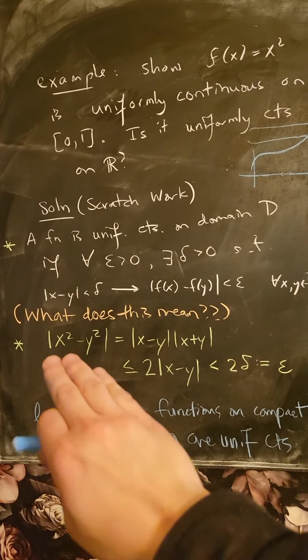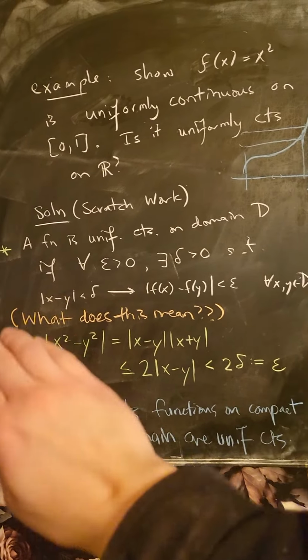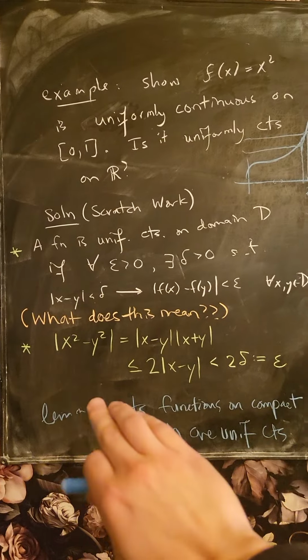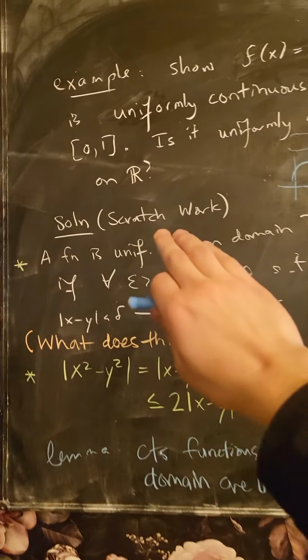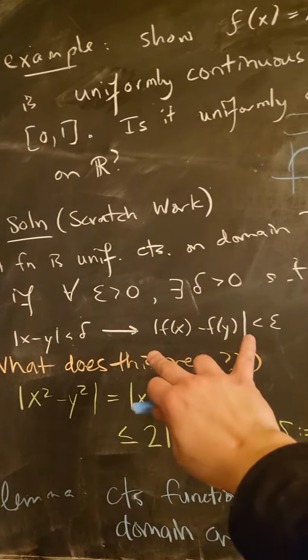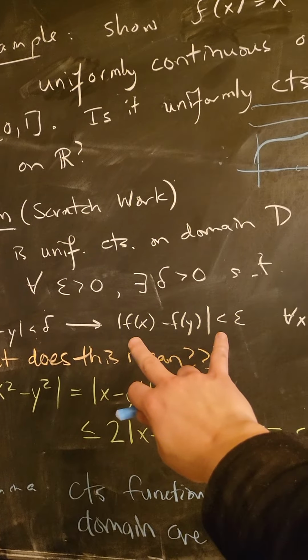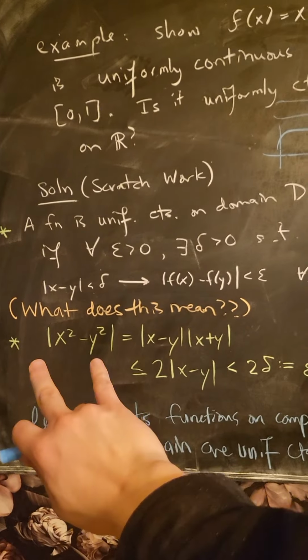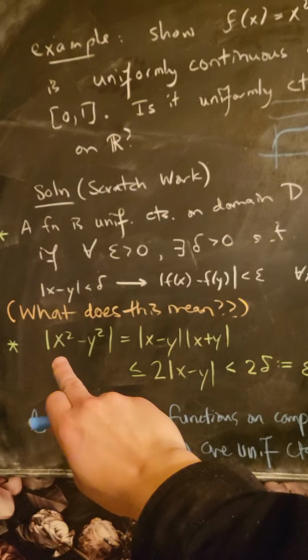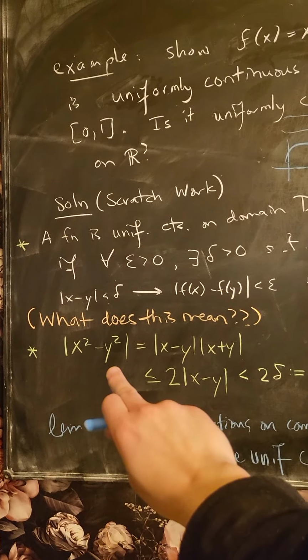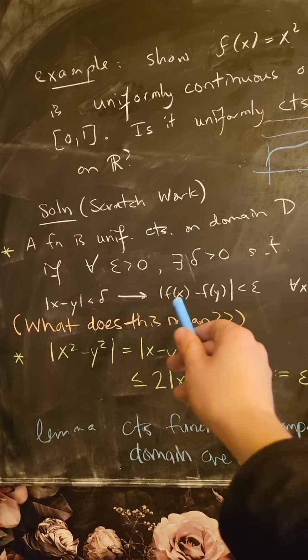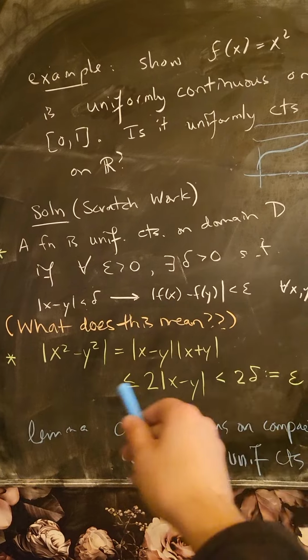So for this last section that I wrote here, this last section is a bit of a calculation, okay? It's a calculation which uses this relevant definition, and namely, I'm looking at f of x minus f of y, and I'm writing out what f of x is. f of x is x squared, f of y is y squared. And so I'm looking at this f of x minus f of y less than epsilon, and I'm unpacking that.